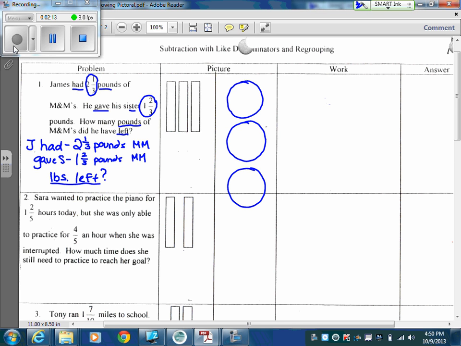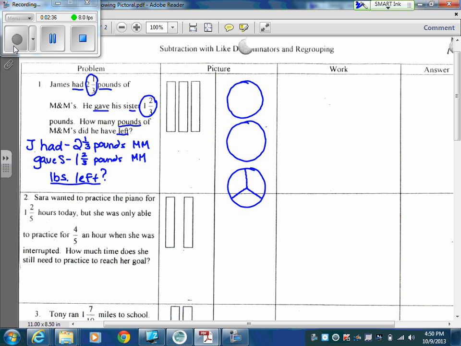So think about your picture. How would I show 1/3 of my pizza? Okay, so first it had to have been cut into thirds, and I'm going to try my hardest to make it look even. Because we know if we're cutting up pizza, you need the same size slice I do, because if you get a bigger slice than me, I'm going to be upset. I want the same amount that you have.